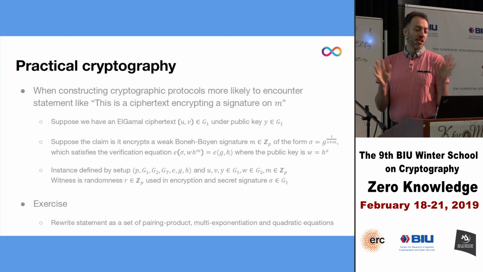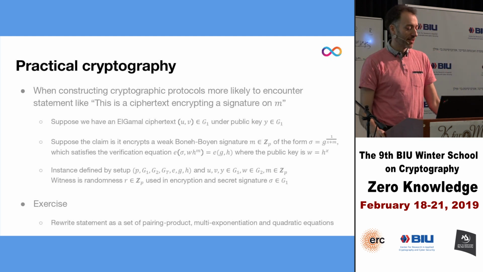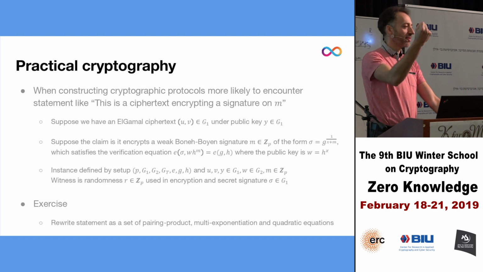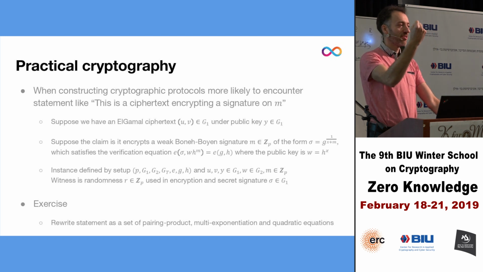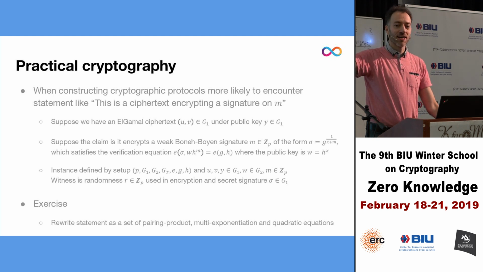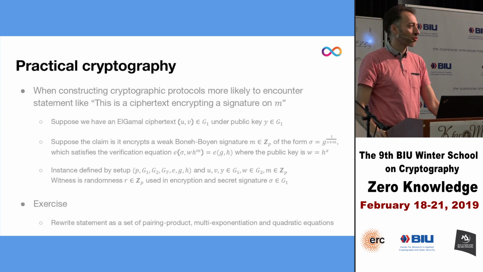Such a statement might be something like: here's a ciphertext, and I claim inside this ciphertext is a plaintext, which is really a signature on this message here. That's the kind of thing you want to prove when you're constructing cryptographic protocols.